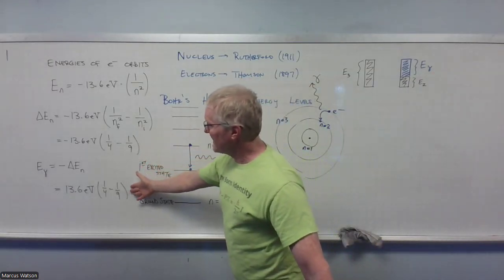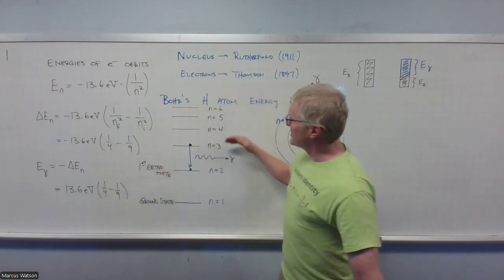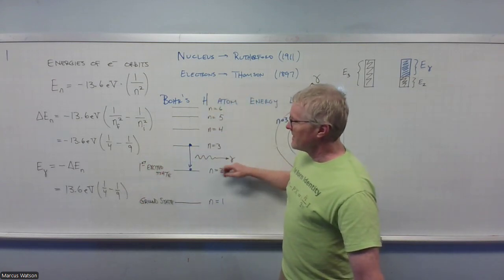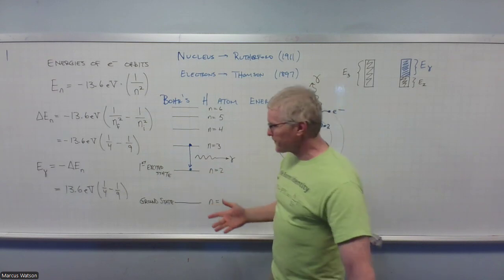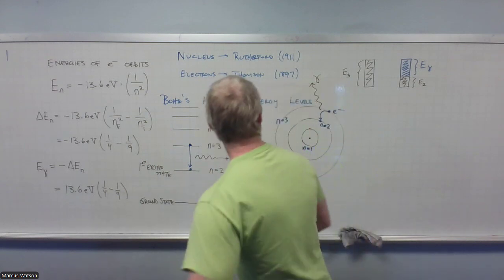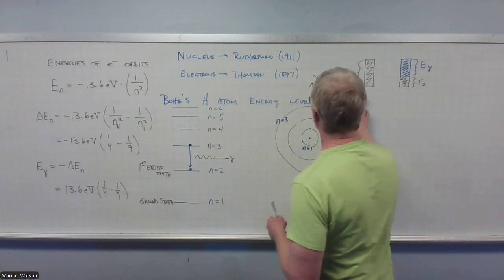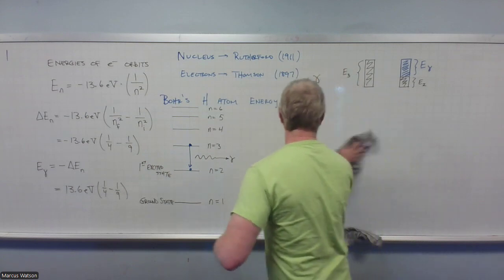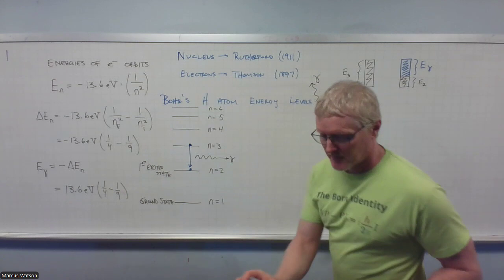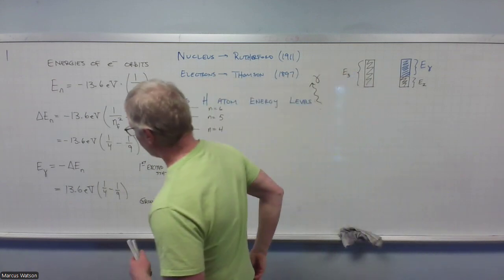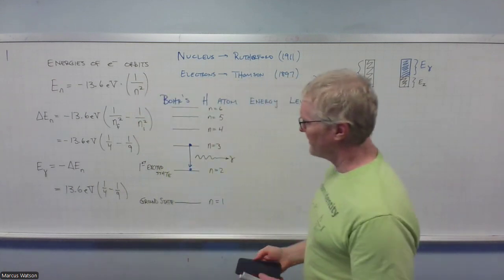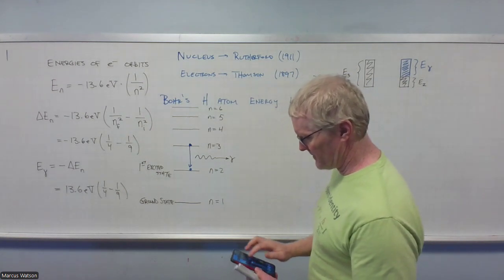So when you calculate this number, the 3 to 2 transition here, what's this number? I don't remember this number off the top of my head. Let's take a quick look.